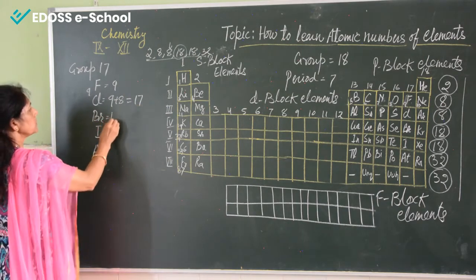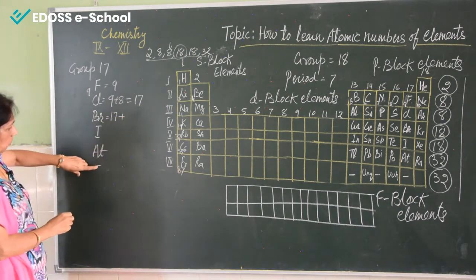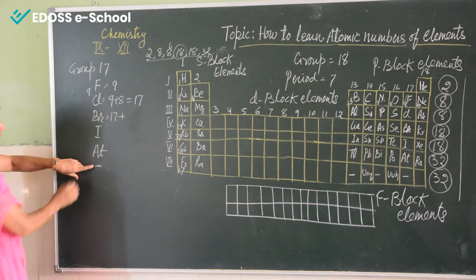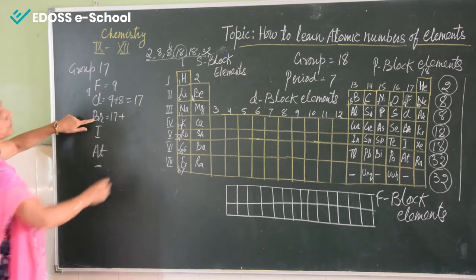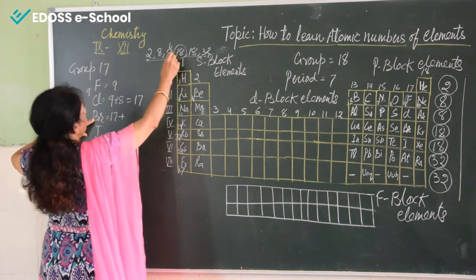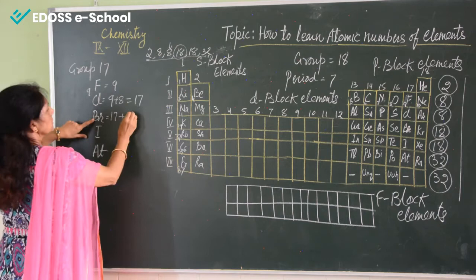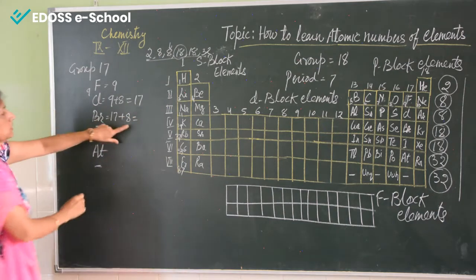Now bromine: 17 plus, this also we have to count. So 1, 2, 3 and 4, so again plus 8.